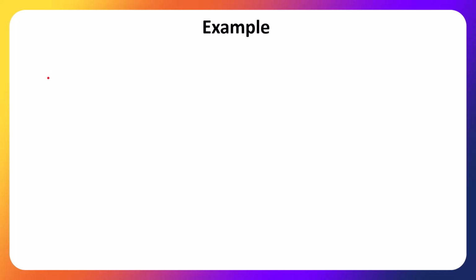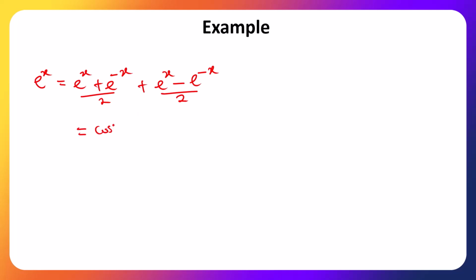For example, exponential of x can be written as an even and an odd function as exponential x plus exponential minus x over 2, plus exponential of x minus exponential of minus x over 2, and this gives us the hyperbolic cosine function of x plus the hyperbolic sine function of x.